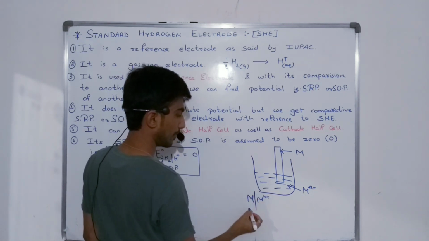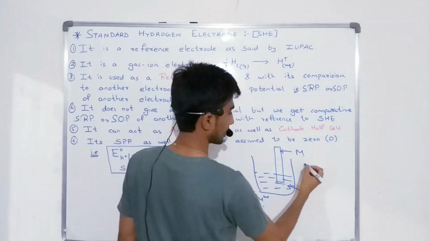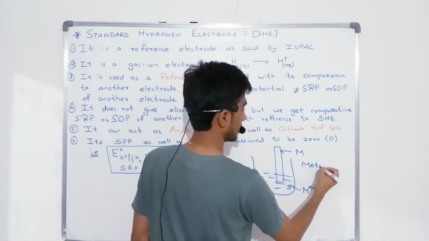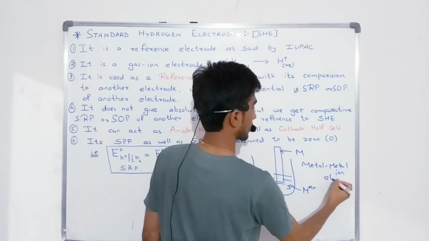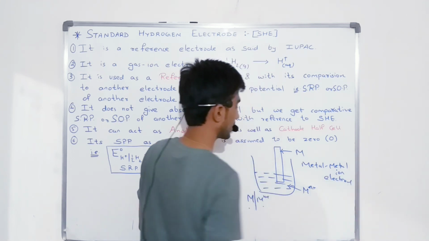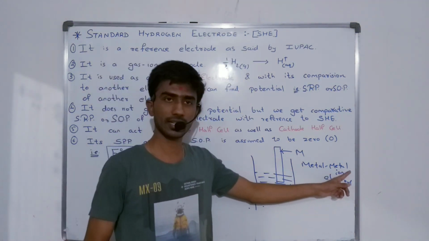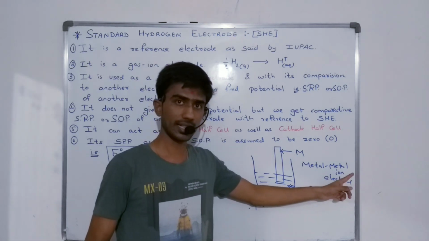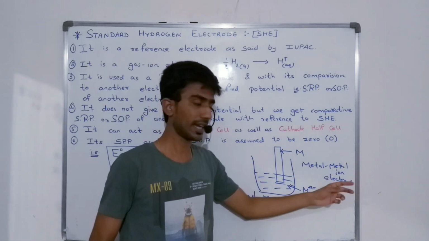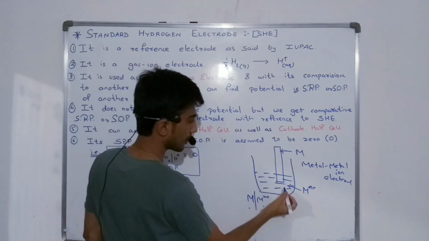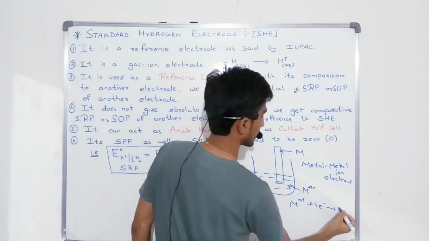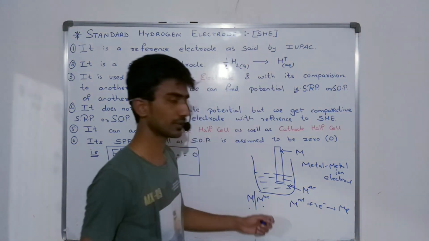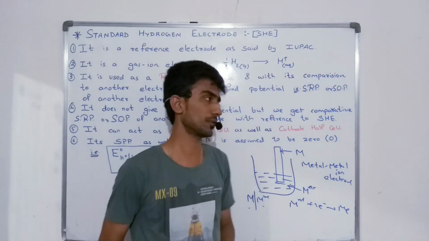So this was a metal ion electrode. Why? Because the metal was getting oxidized to metal ion by losing 2 electrons, and if from the metal ion, by gaining electrons, metal is formed, then also it is known as a metal ion electrode, right?